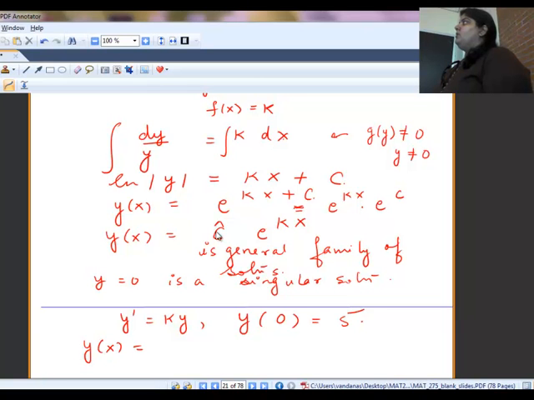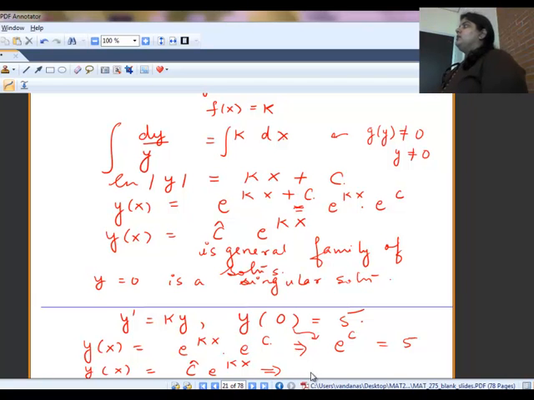If one of you obtains this form e to the power kx times e to the power c, and another is working with this form c hat e to the power kx, then y at 0 from the previous function, we will get e to the c equals 5. And here it will imply c hat equals 5.